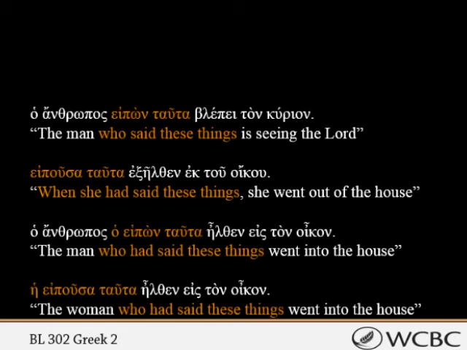Let's take a look at this last slide. Here we have a couple of Greek sentences that are showing the timing of these participles. So we're dealing with an aorist participle. Aorist typically is past time, but remember with a participle, the time comes from the time of the main verb.